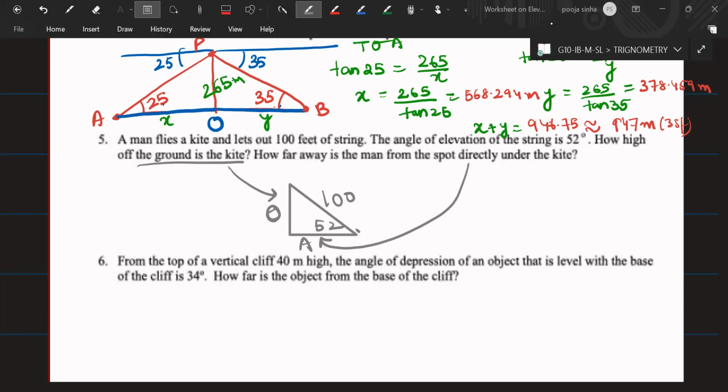Miss, opposite is 78.8. Same answer for everyone?